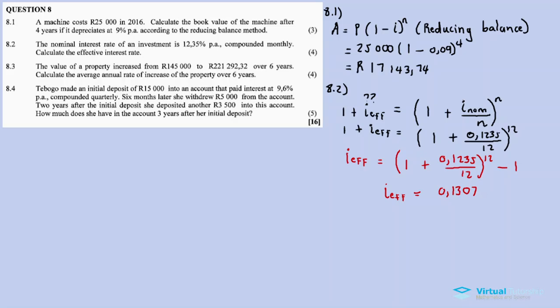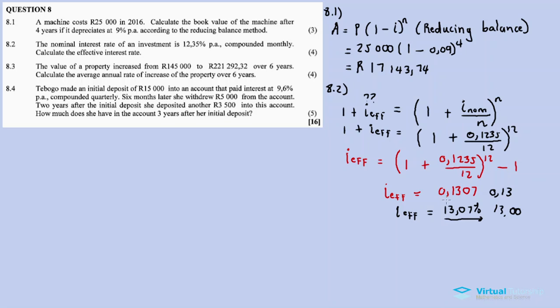So when I write the effective interest rate I write it as a percentage. As a percentage it's 13.07%. If I had used 0.13, writing it to 2 decimal places, my answer would be about 13.00%, so I would lose the 0.07%.